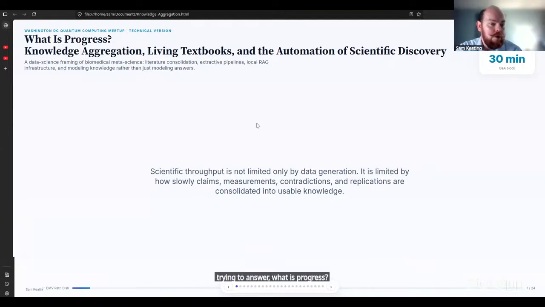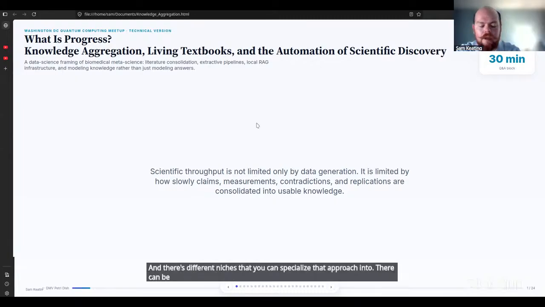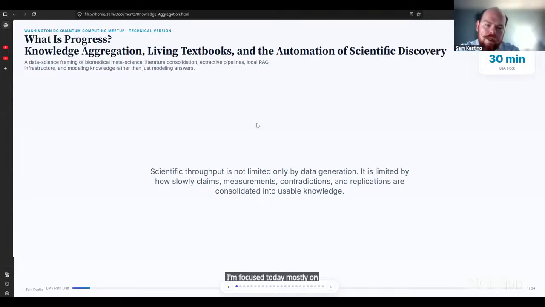What is the direction forward? It's going to be very subjective and have a lot of individualistic nature to it. And there's different niches that you can specialize that approach into. There can be progress in a political sense or economic. I'm focused today mostly on biomedical research meta science.